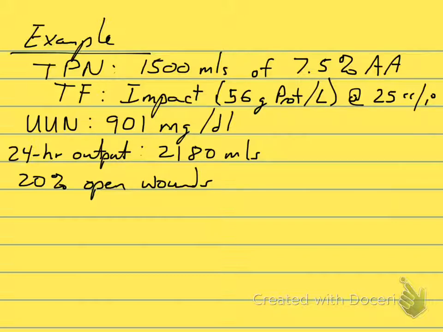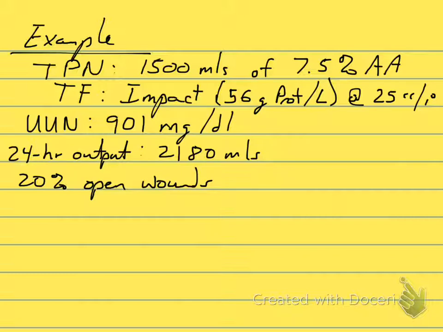We have urinary nitrogen that was measured in a lab. We did a 24-hour urine collection, and they came back with a urinary nitrogen of 901 milligrams per deciliter. Again, remember, this is a concentration: 901 milligrams of nitrogen are being excreted per deciliter of urine.